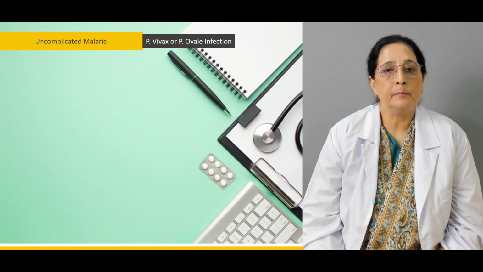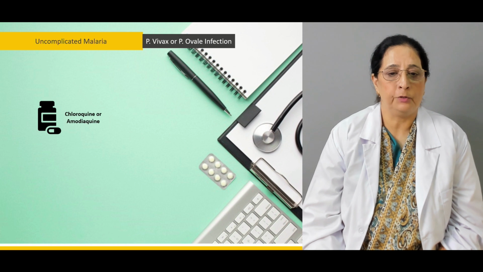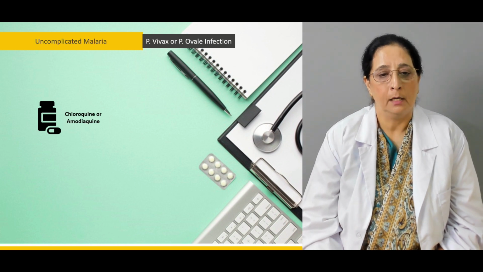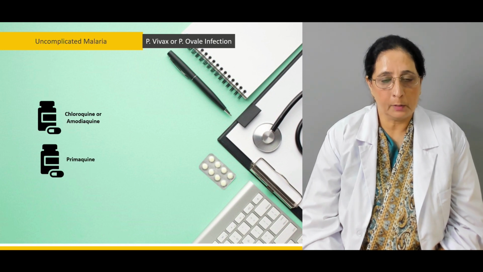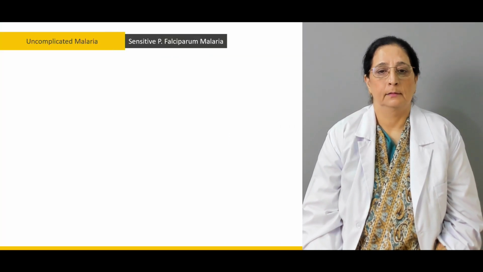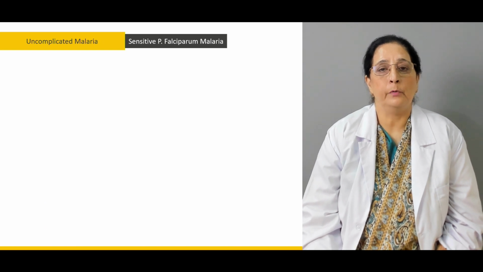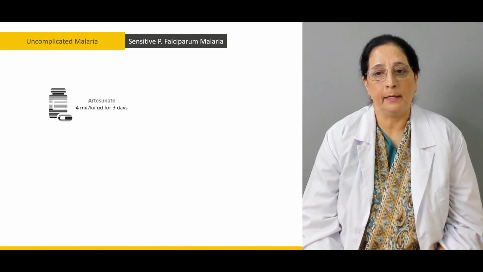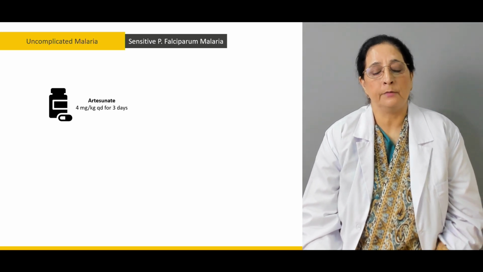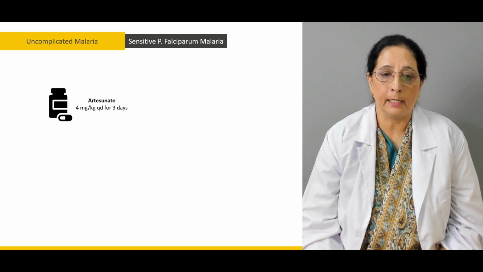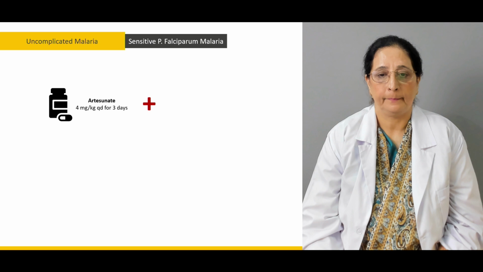If it is caused by vivax or ovale strains, we try chloroquine or amodiaquine, and primaquine. If it is caused by severe Plasmodium falciparum malaria, then we try artesunate 4 milligram per kilogram every day for 3 days.